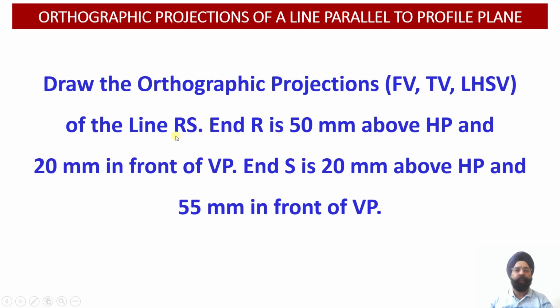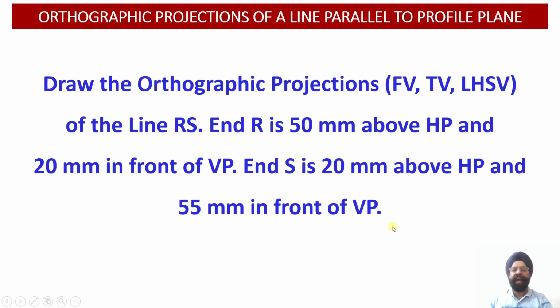Here we have been provided with a line RS for which end R lies 50 millimeter above the horizontal plane and 20 millimeter in front of the vertical plane, whereas the end S of the line is lying 20 millimeter above the horizontal plane and 55 millimeter in front of the vertical plane.